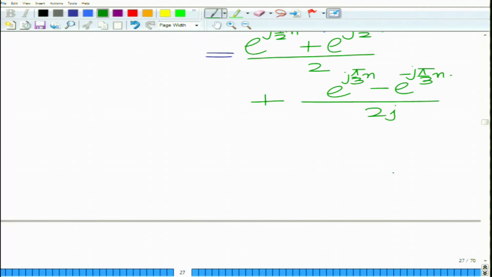Okay. So, therefore, this is equal to, well, half.